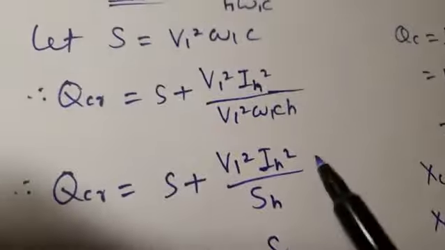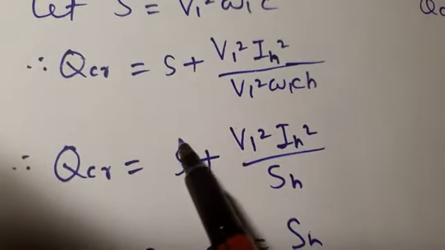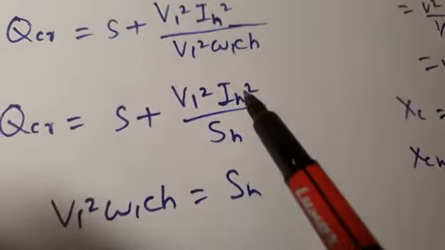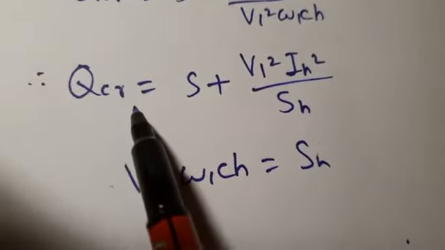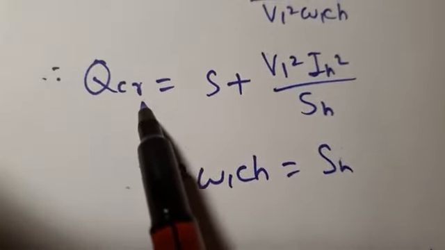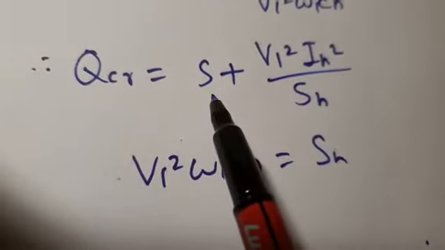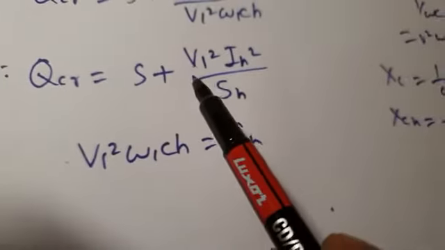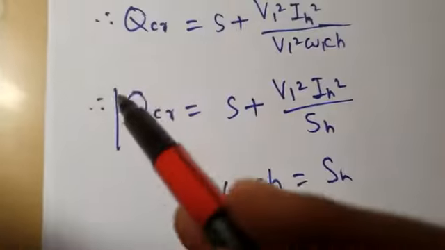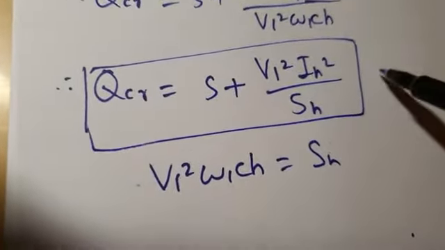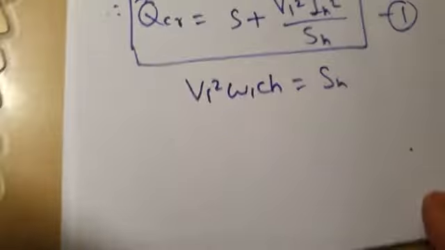So that means your filter is handling fundamental reactive power plus harmonic reactive power. Therefore QCR, the total reactive power generated by your capacitor, is S, that is fundamental reactive power, plus V1 square IH square by SH. Just note it down, remember it, and call this equation 1.